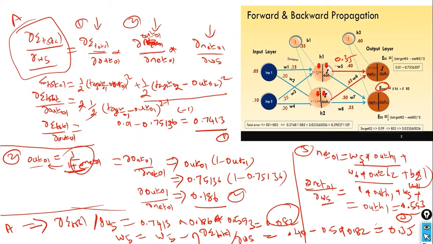When you do the partial derivative similarly for each and every weight, you will get to know the gradient. Once you get the gradient, you can update the weight. In the first iteration, you update the weights like this, and then you keep iterating. With the adjusted weights in each iteration, you get updated weights.